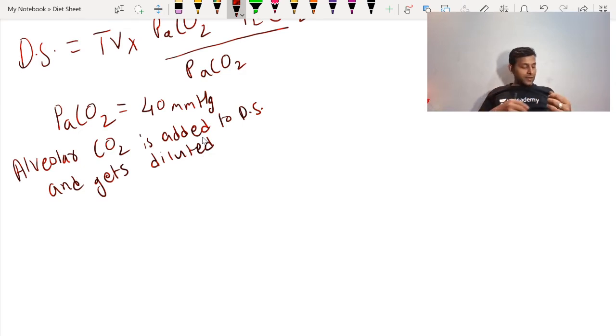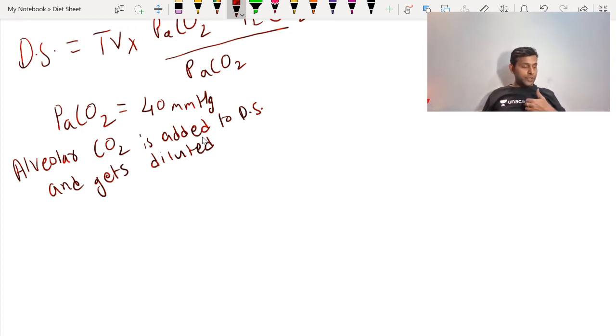Third assumption is any arterial blood sample you take, the PCO2 of that sample is a true representation of alveolar carbon dioxide pressure. So arterial PCO2 is similar to alveolar PCO2. Now these three assumptions are done. We know the formula of dead space, that is PaCO2 minus PeCO2 divided by PaCO2, into tidal volume.